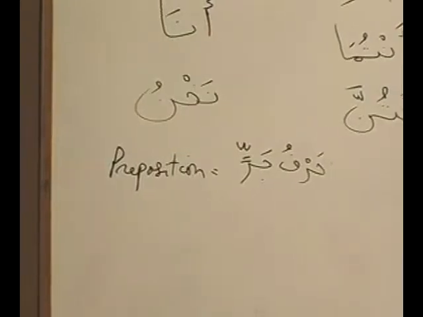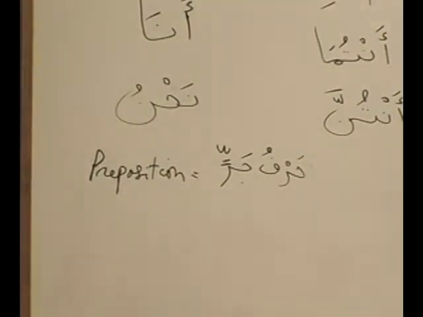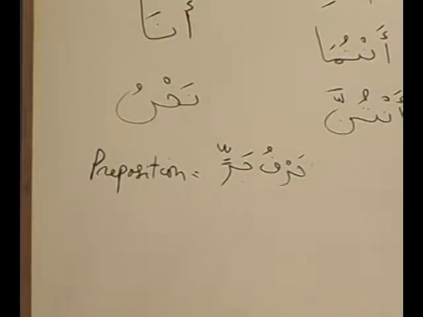What did it do? From tu, it pulled it down to ti. Who did that? Sister, did you do it? I didn't do it. Somebody pulled it down, and that was harf jar.